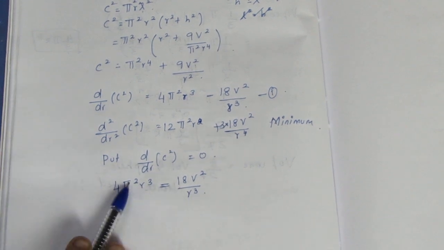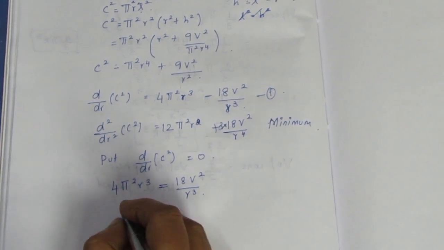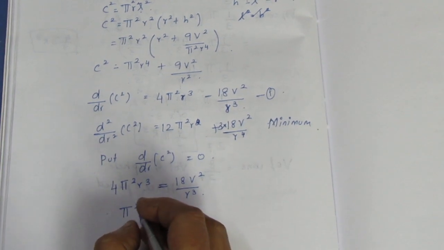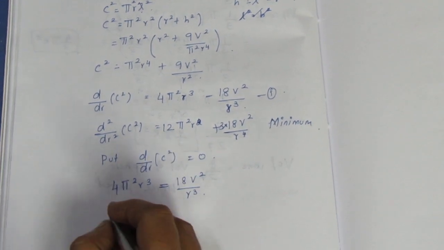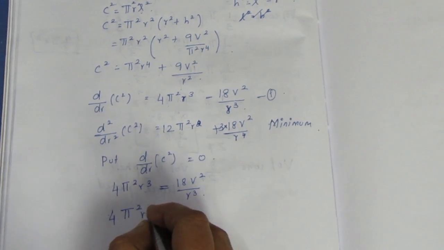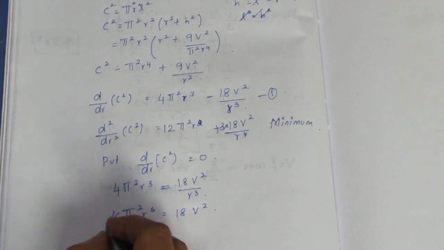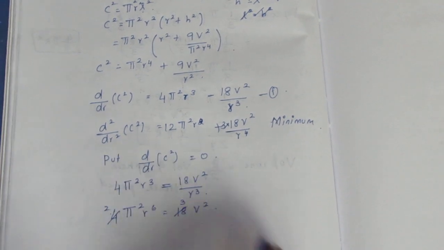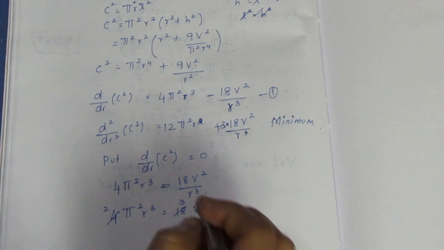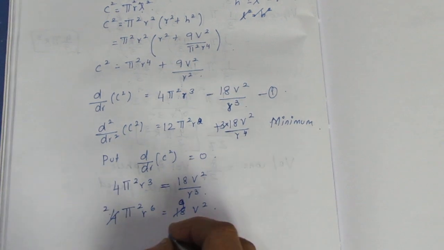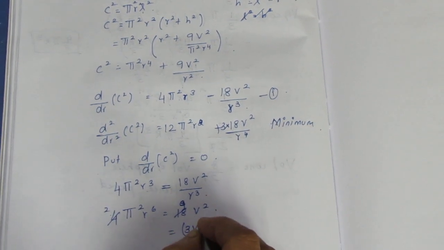Now bringing this to this side, we get 4π²r⁶ is equal to 18V². Here we can cancel: 2 twos are 4, 9 twos are 18. This can be written as (3V) the whole square.